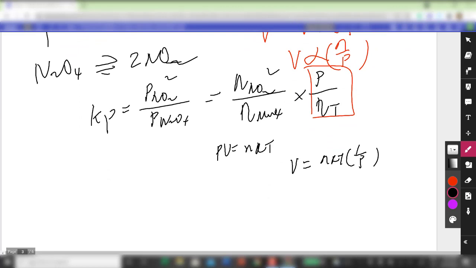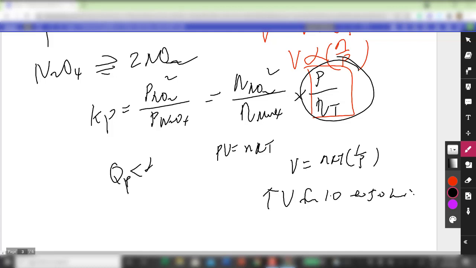What does inverse mean? That means that if my volume increases from 1.0 to 5.0 dm cube, this particular term will actually decrease in value. So when this particular term decreases in value, that means that momentarily the Qp is less than Kp.